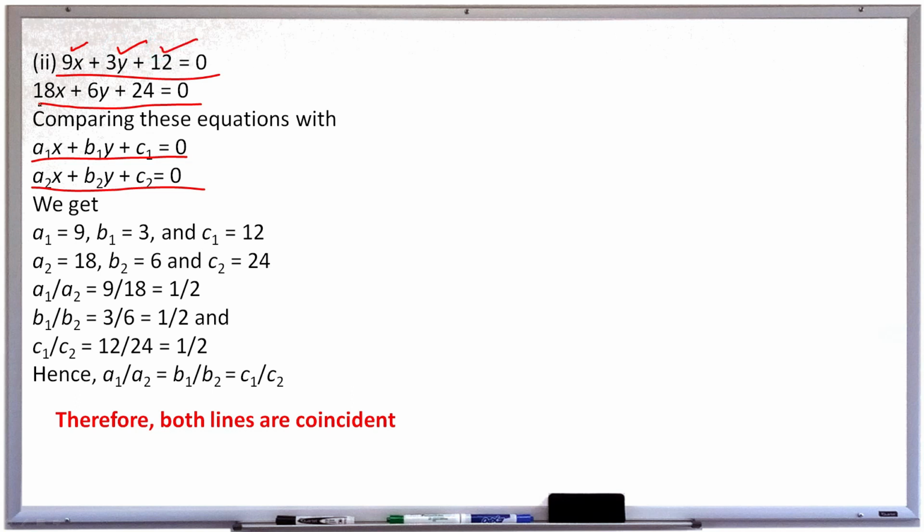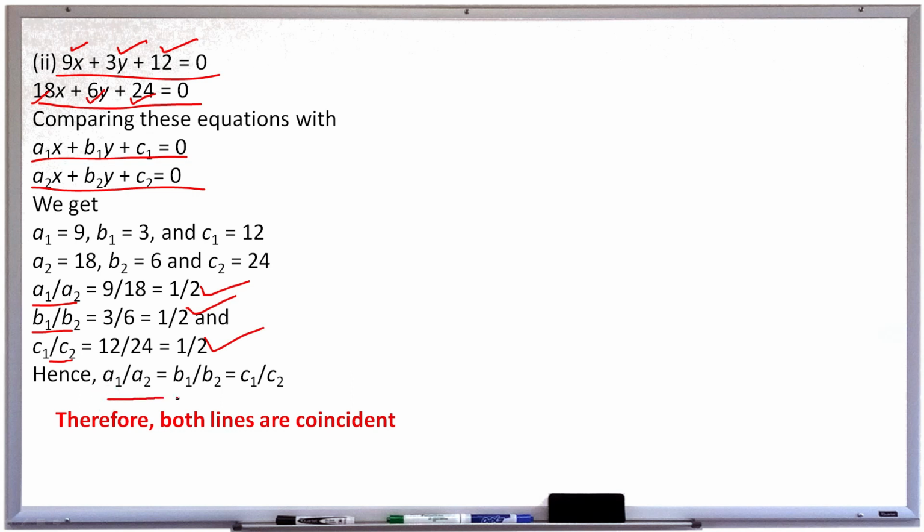Similarly a2 is 18, b2 is 6, c2 is 24. We are going to compare a1 by a2 with b1 by b2 and c1 by c2. a1 by a2 we are getting 1 by 2, b1 by b2 also 1 by 2, c1 by c2 also 1 by 2.